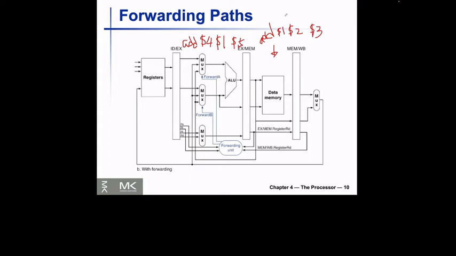If the destination of the previous instruction is the same as the RS or RT of the next instruction, there will be a data hazard, right? So that's why this forwarding unit has to receive the RS or RT field in the new instruction and the RD field in the previous instruction. If they are the same, there will be a hazard.